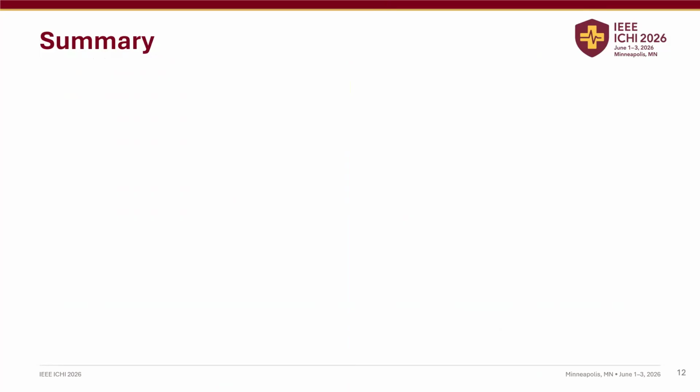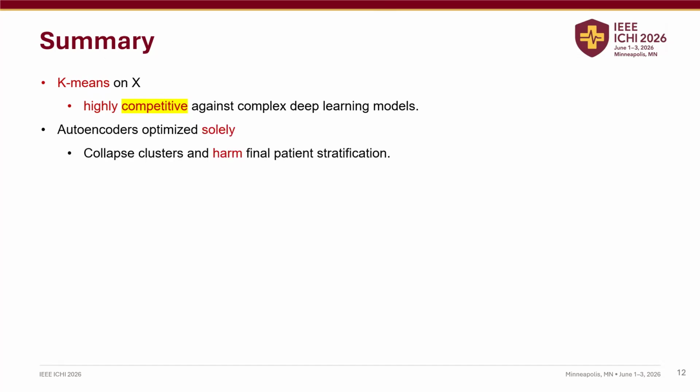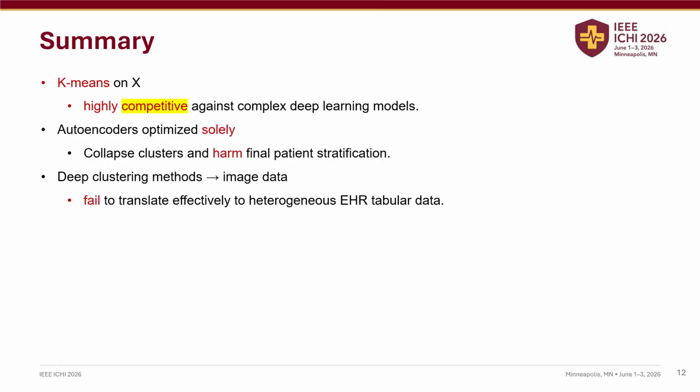So to summarize the main findings of our benchmarking, first we demonstrate that standard k-means applied to raw data remains a remarkably strong baseline. Second, we highlighted a theory gap using a hybrid approach: training the standard autoencoder for data reconstruction actually hurts cluster separation for traditional clustering models.